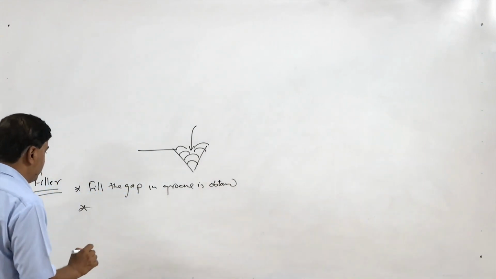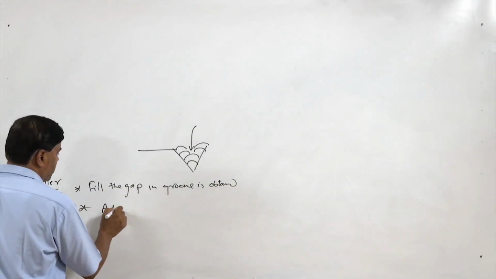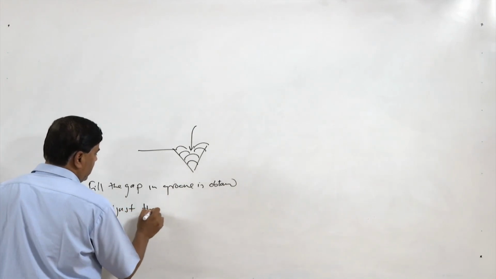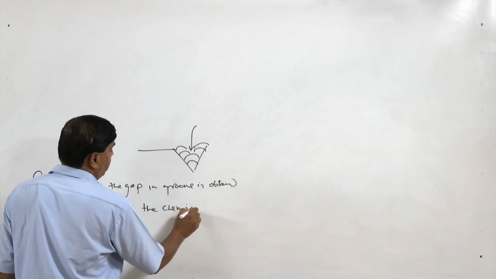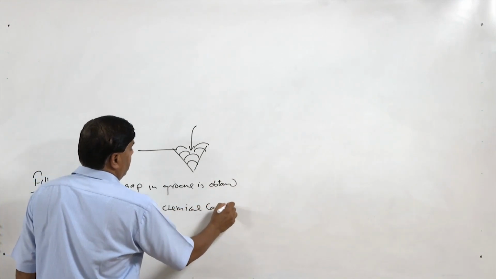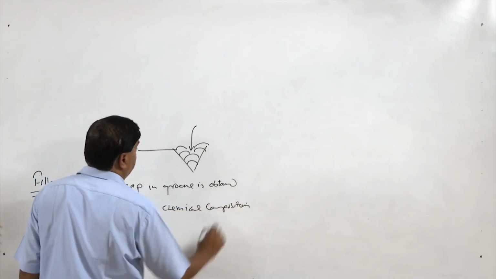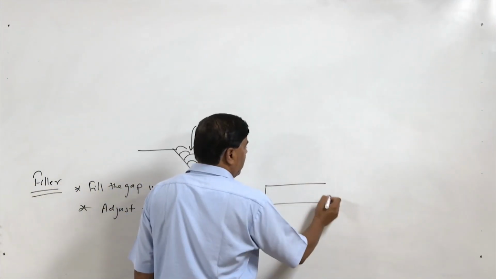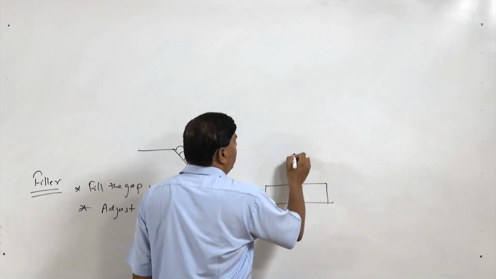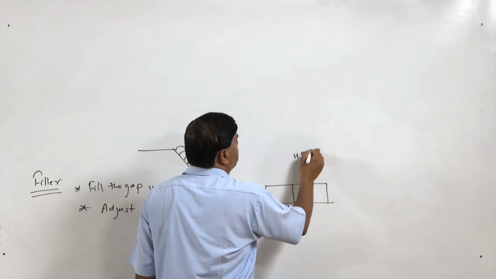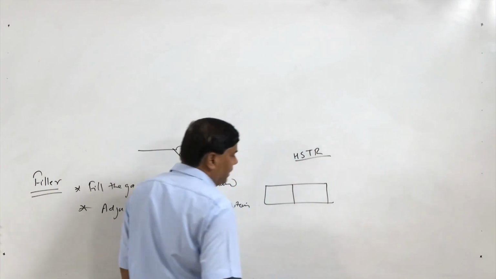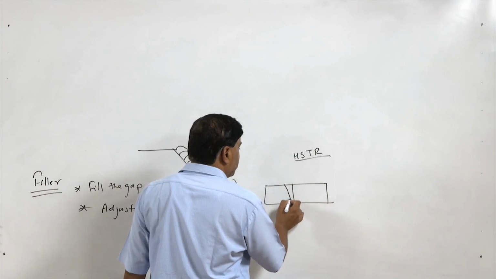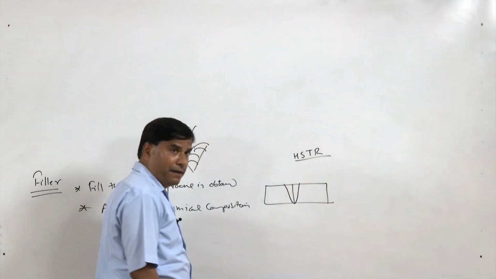The second one is that it is intentionally sometimes used with a different composition to adjust the chemical composition of the weld metal. Sometimes the base metal becomes very sensitive to cracking, like when the base metal has a high solidification temperature range. Because of the high solidification temperature range, it shows a tendency for centerline cracks.